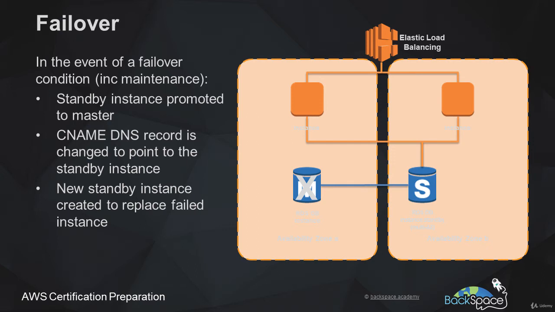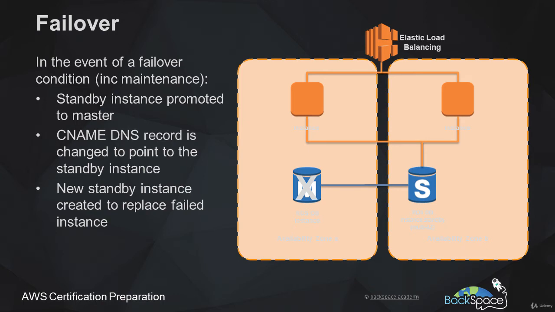So the first thing that happens is that after the master database is taken out, the standby instance gets promoted to the master instance. So that S on the standby will become an M. It will become the master database.